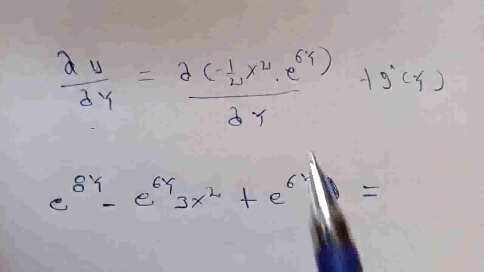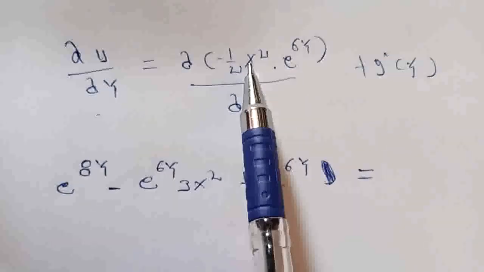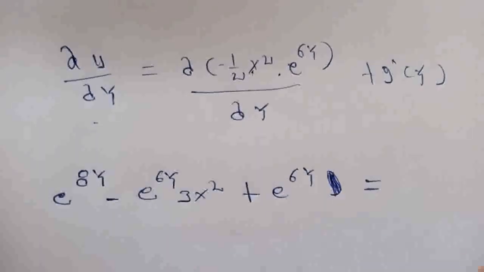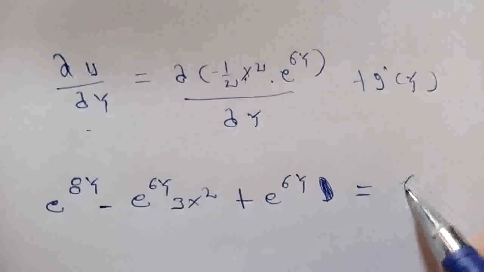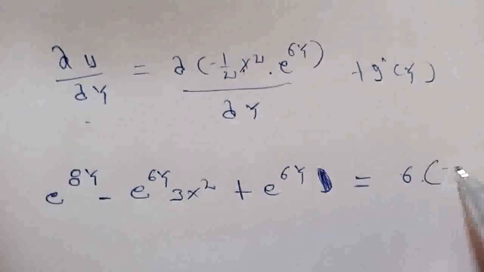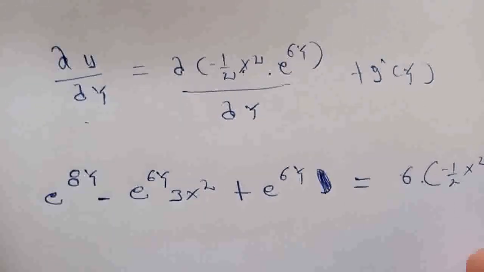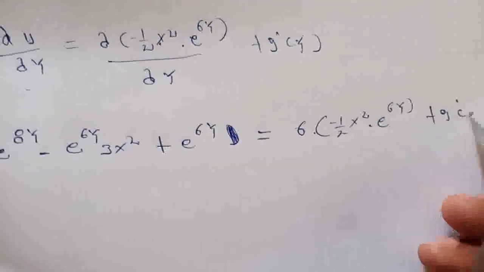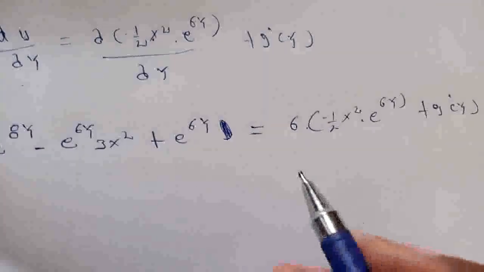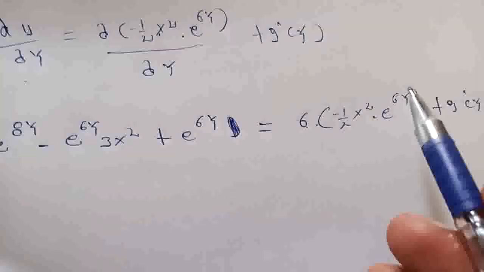Now let us find the partial derivative of this one with respect to y. Actually this is constant. It should become 6 times negative 1/2 x squared times e to the power of 6y plus g prime of y. Now actually this should be cancelled by this one because it becomes 3.